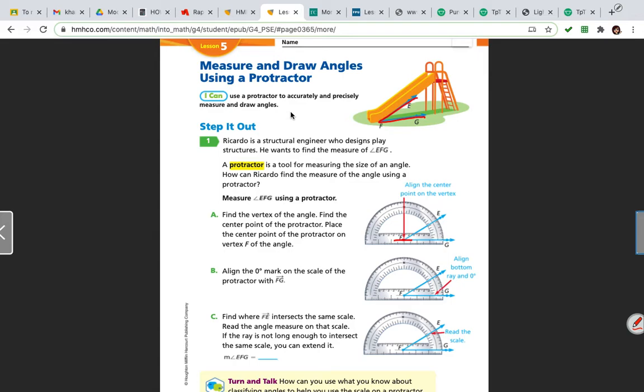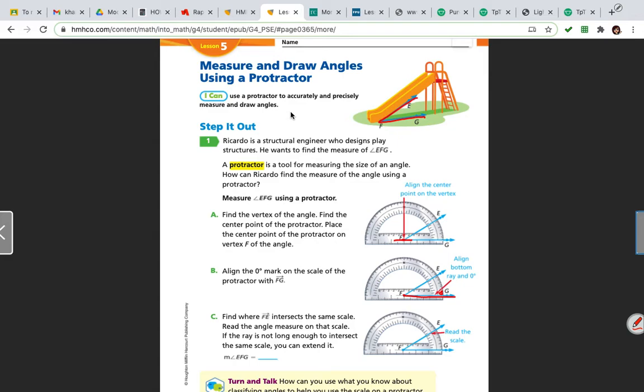B, align the 0 mark on the scale of the protractor with FG. So we're looking for ray FG. It's right here. The vertex is in the little circle, the window of the protractor, and that is on the 0 line. You would see a 0 right here on the protractor, okay?